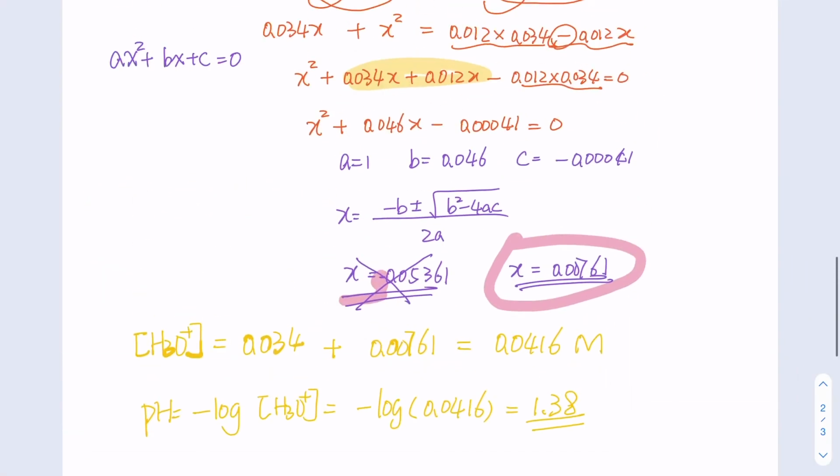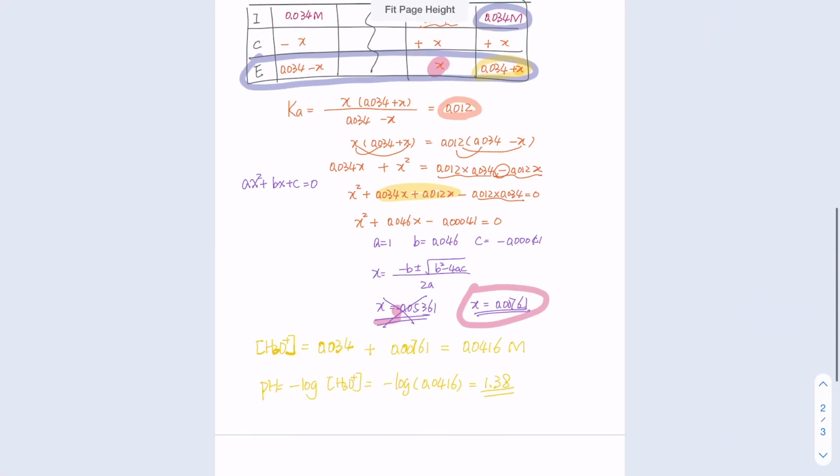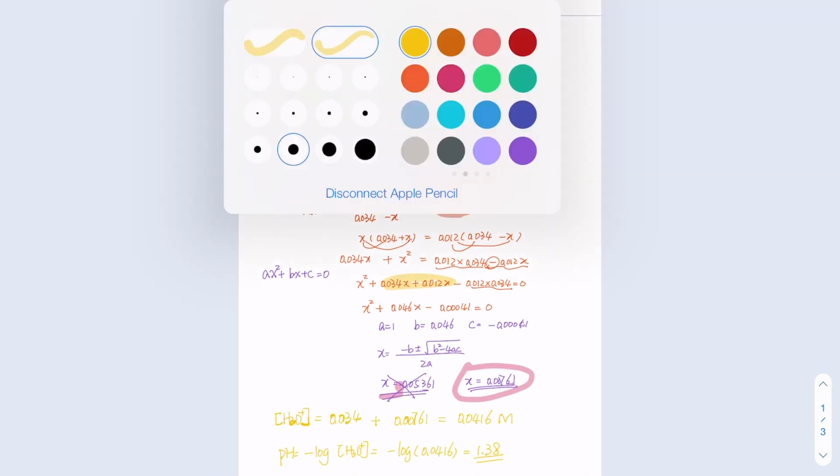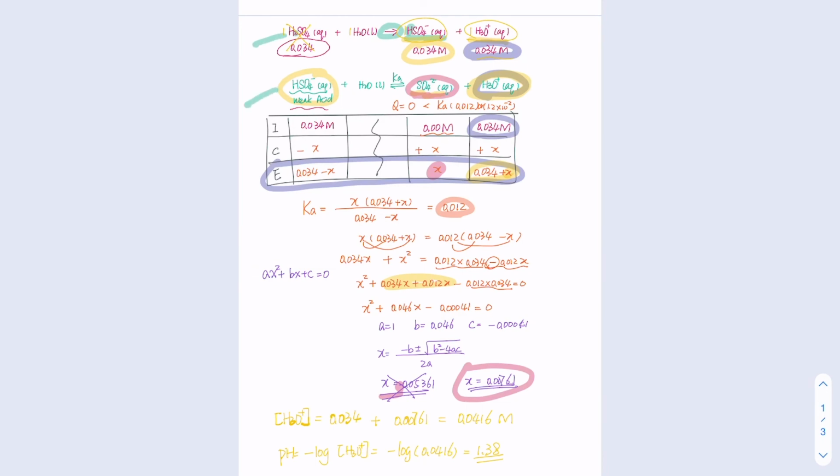So this is the whole process of the calculation. For this question, you definitely need to understand these two equations, and you need to be able to fill out the ICE table correctly. Then you solve it, and of course the solving process involves the quadratic.